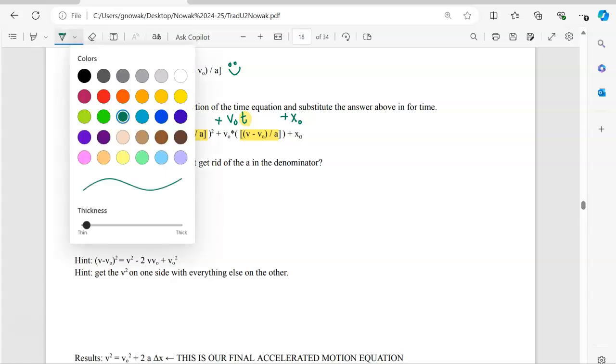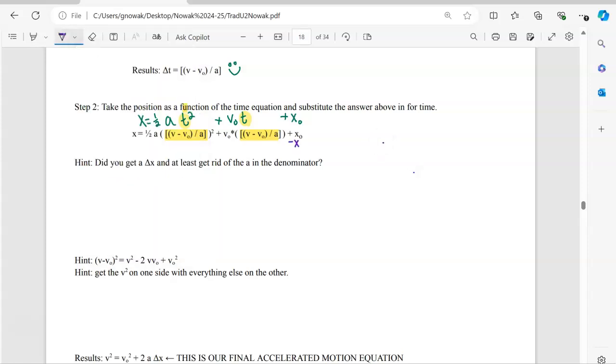And then I am also going to subtract x naught on both sides so that I can, as this hint says, get delta x. Right, because I'll be left with x minus x naught equals 1/2 a times v minus v naught over a squared plus v naught times v minus v naught over a. And so I'll just take out this x minus x naught and substitute it with a delta x.